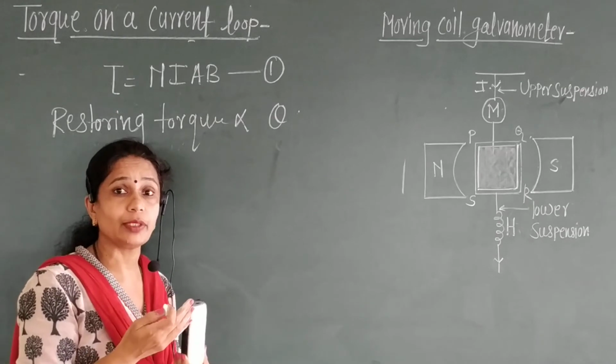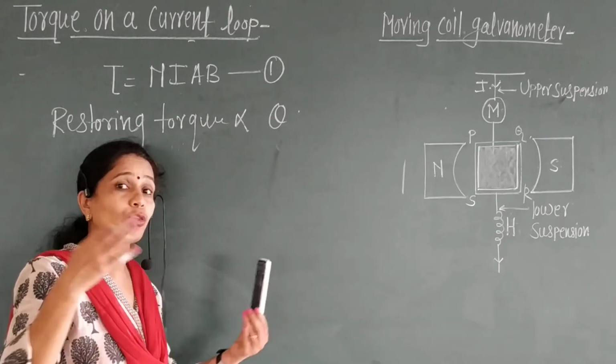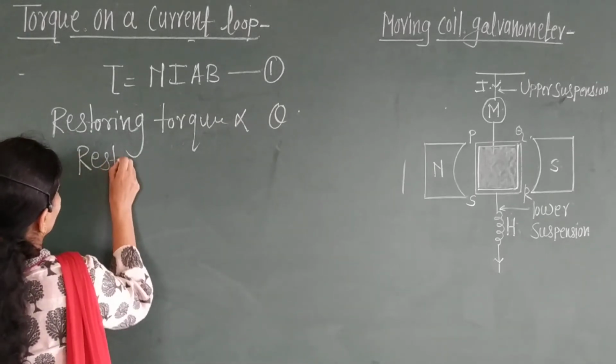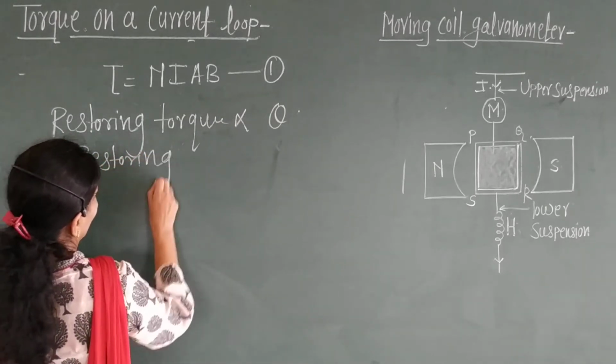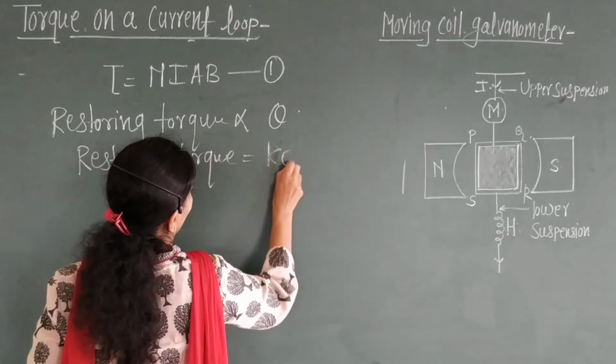Theta means angle of deflection. As the current increases, angle of deflection also increases, torque also increases. Therefore, restoring torque is equal to K theta.